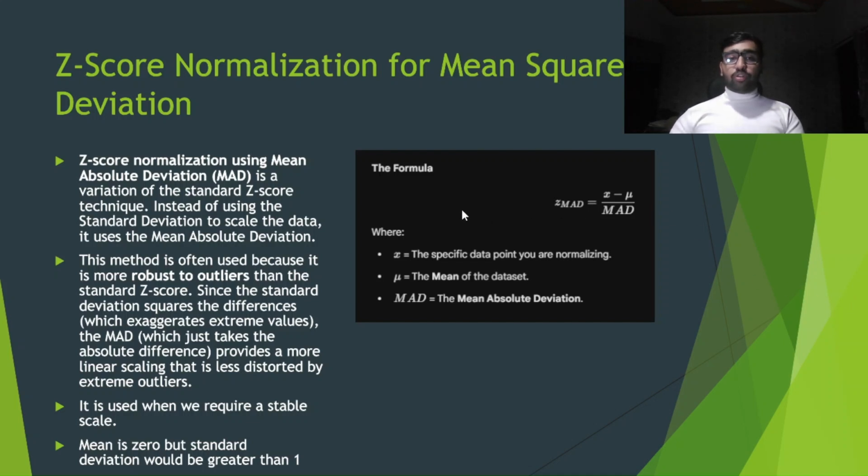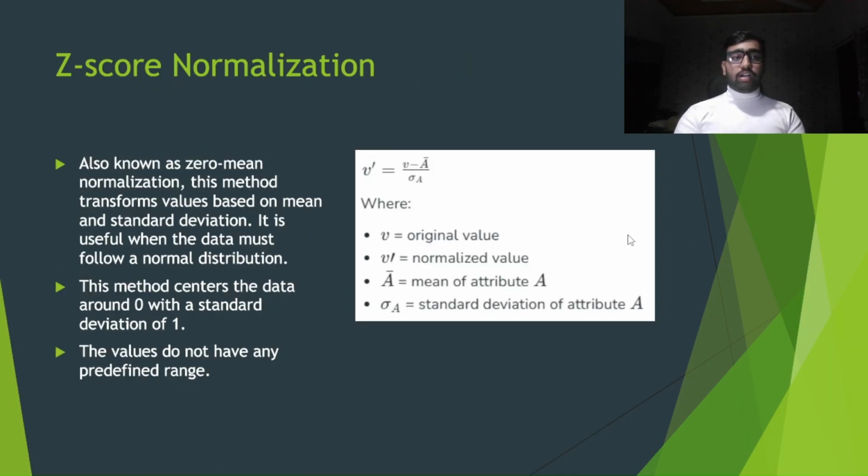Here is the formula for the z-score normalization using mean absolute deviation. As you can see, the formula is similar to the one used for standard deviation, but in the case of mean absolute deviation, the denominator is the mean absolute deviation, whereas in the case of normal z-score normalization, the denominator consists of the standard deviation.